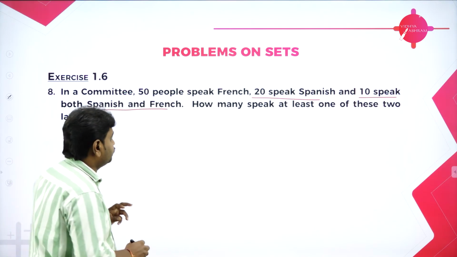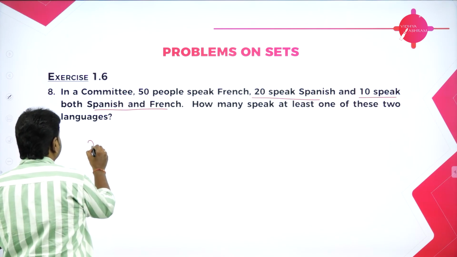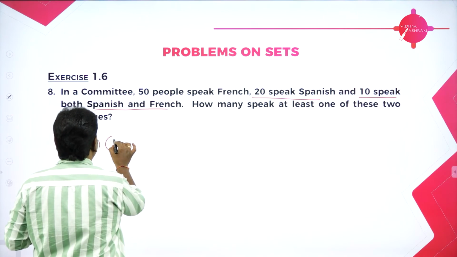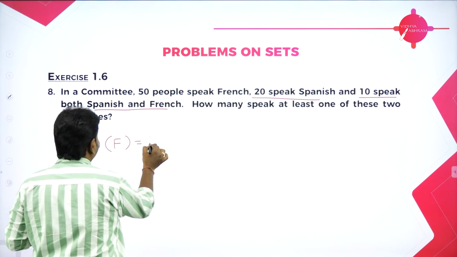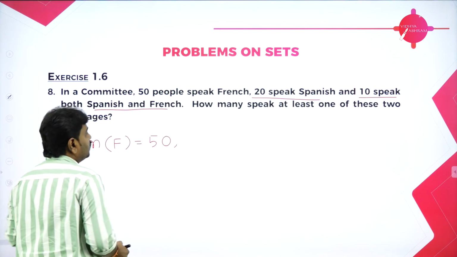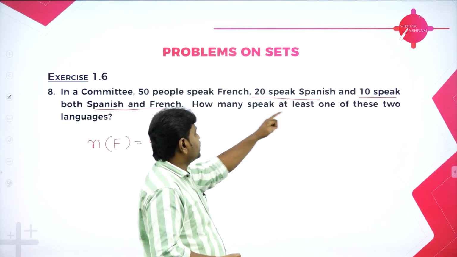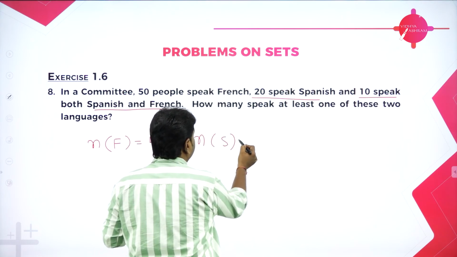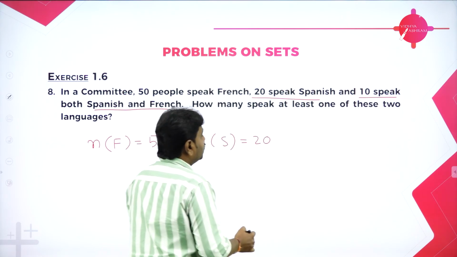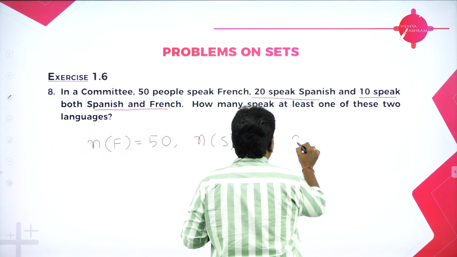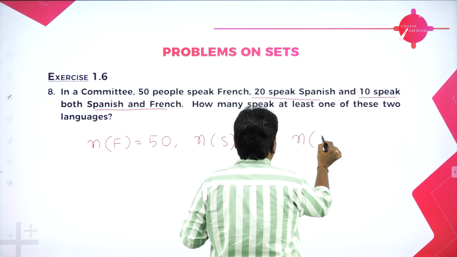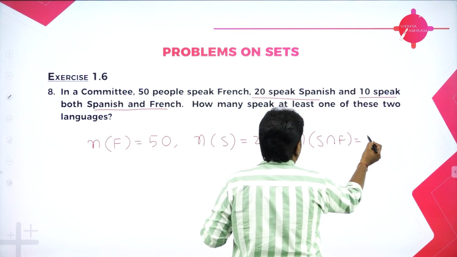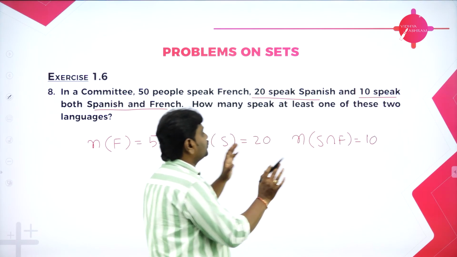So please observe what is given; first we will symbolize. 50 speak French, so N of F is given as 50. Further, 20 speak Spanish, so N of S is given as 20. 10 speak both, so N of S intersection F is 10. This much is given.